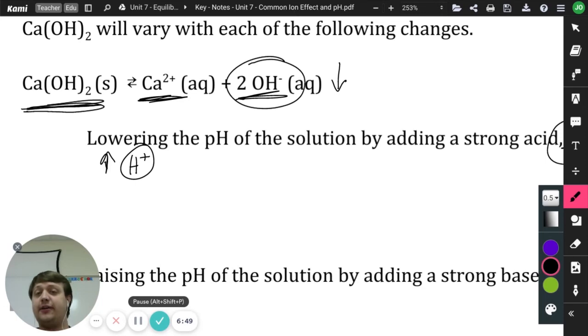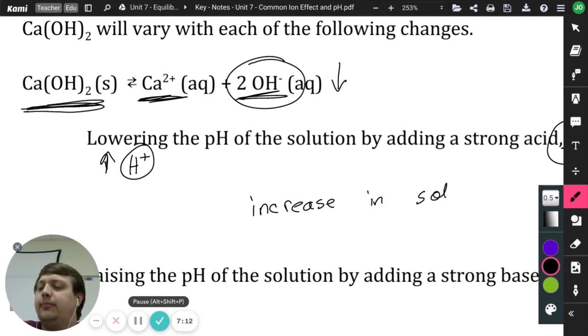If I shift to consume more reactants, what does that mean in terms of solubility? It tells me that I am increasing how much of that calcium hydroxide can actually dissolve. So I am increasing the solubility if I add some strong acid to it. So we're going to see an increase in solubility.